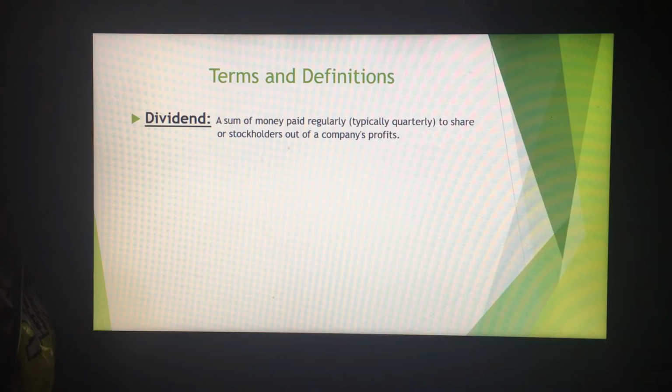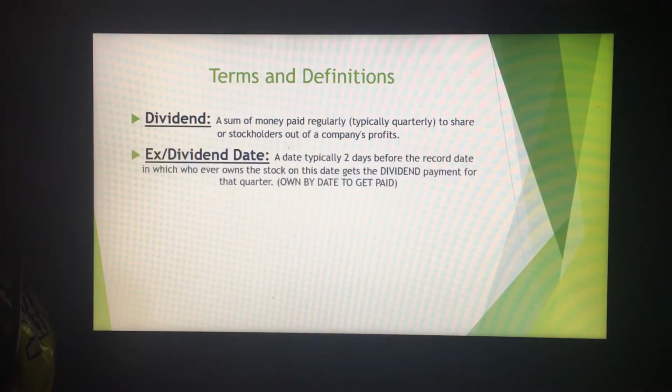A shareholder or a stockholder is somebody who actually owns title or deed to a company. They are literally an owner of the company. Therefore, when the company profits, that is divided up amongst all the owners. That is what a true dividend is.